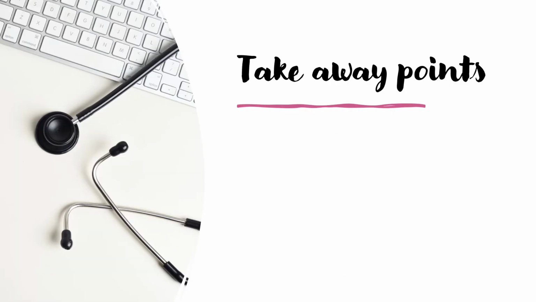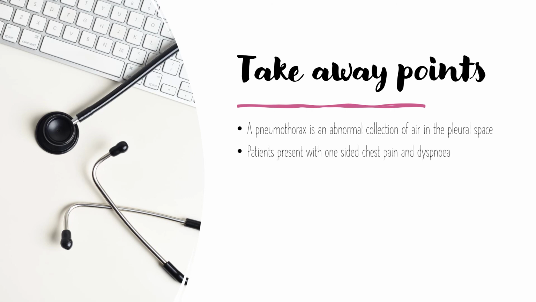Now there's a lot of information to take away here, but there are some key points that I have highlighted. First, you must remember the definition of the pneumothorax, which is that it is an abnormal collection of air within the pleural space. When we think about how our patients might present, they often have one-sided chest pain and breathlessness. History taking is so important. We have to determine whether this is a primary or secondary pneumothorax.